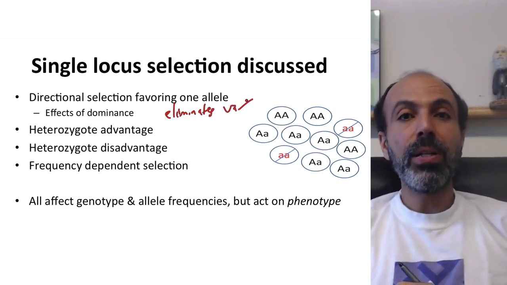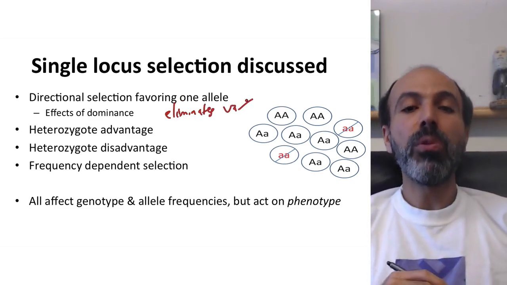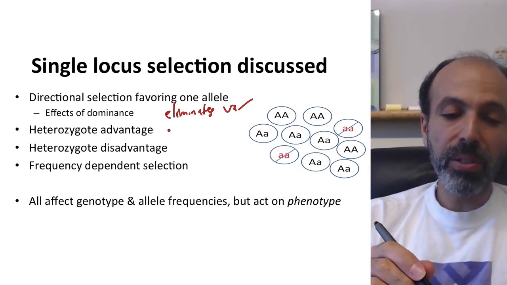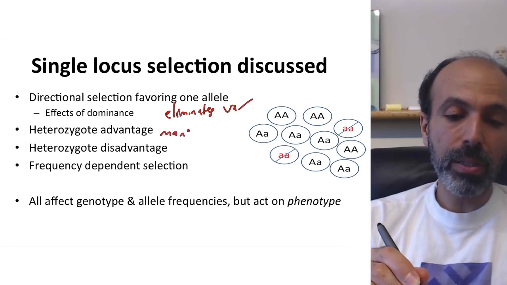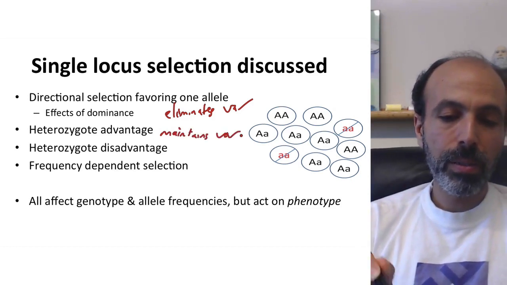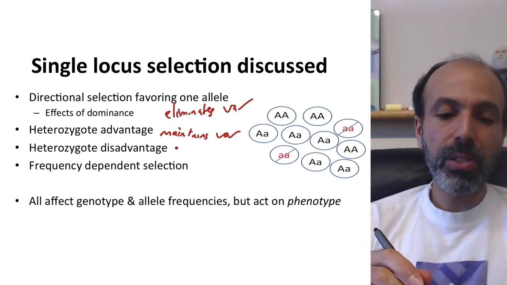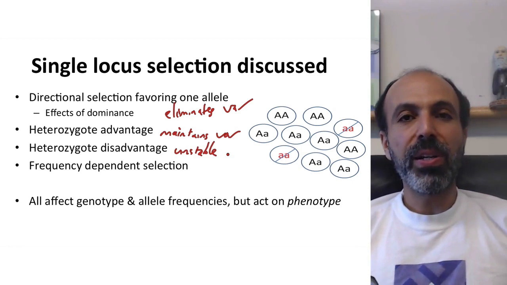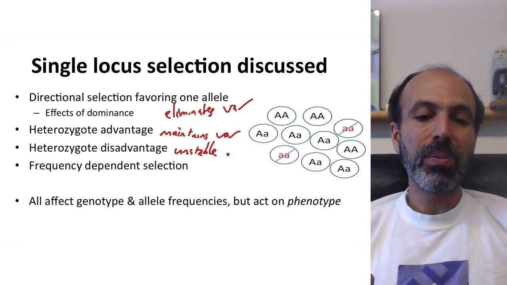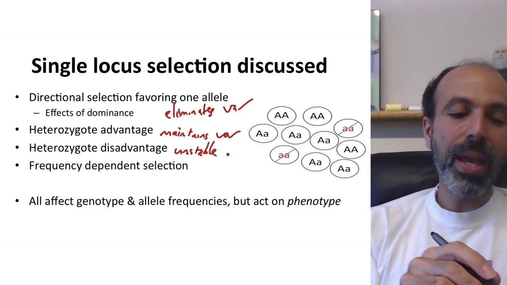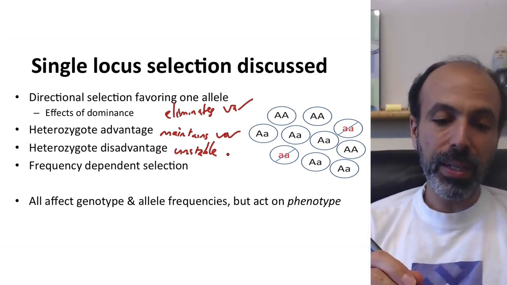And the effects of dominance will change the speed with which variation is eliminated, as well as the strength of selection, of course. Heterozygote advantage maintains variation. Heterozygote disadvantage is unstable. So although you can argue that it maintains variation, it only does so under unrealistic circumstances. So it probably will eventually lead to elimination of variation. And negative frequency dependent selection will maintain variation as well.